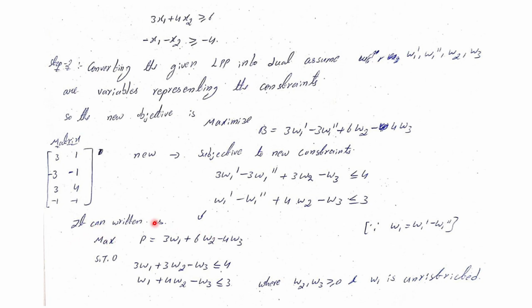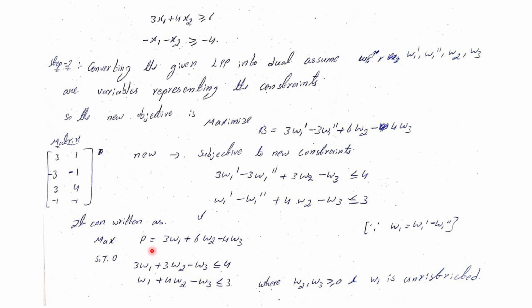Here w1 dash and w1 double dash are derived from w1, so we can combine both of them, making a common 3, then it becomes 3 into w1 dash minus w1 double dash. Instead of this, we can directly write w1.